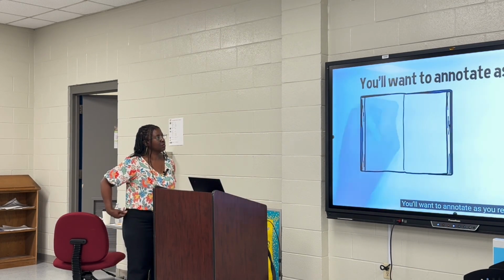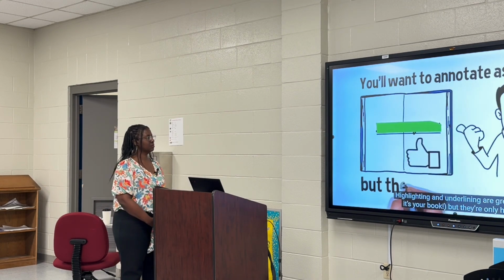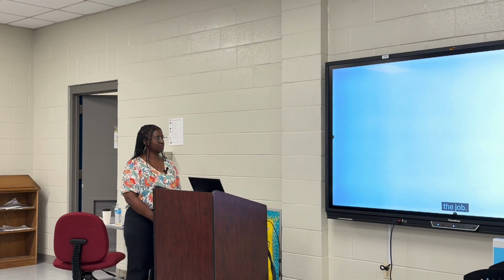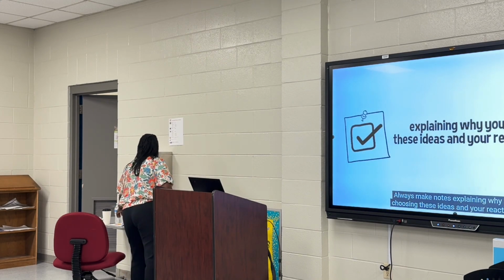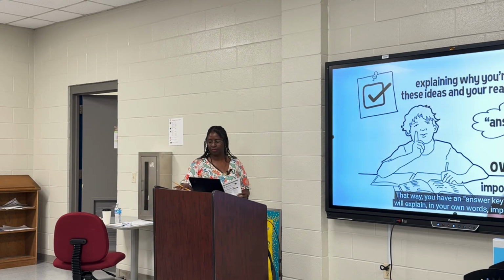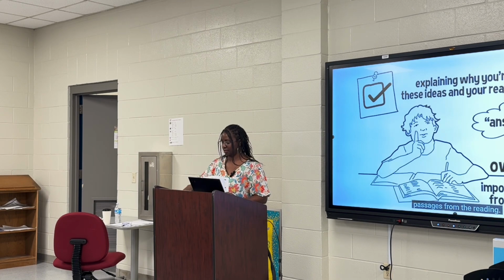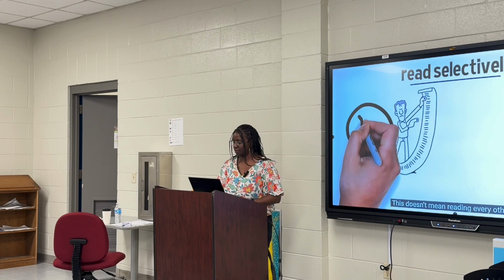You want to annotate as you read. Highlighting and underlining are great if it's your book, but they're only half the job. Always make notes explaining why you're choosing these ideas and your reactions to them. That way, you have an answer key that will explain, in your own words, important passages from the reading. Finally, read selectively. This doesn't mean reading every other line.